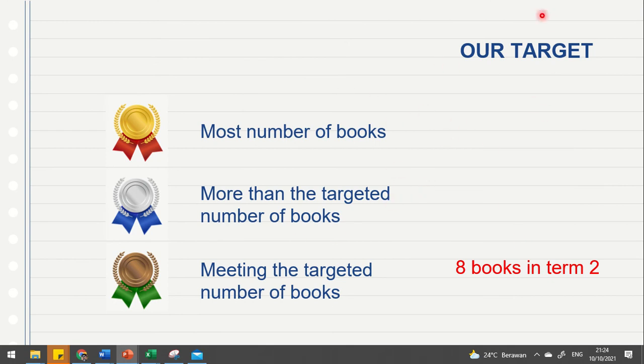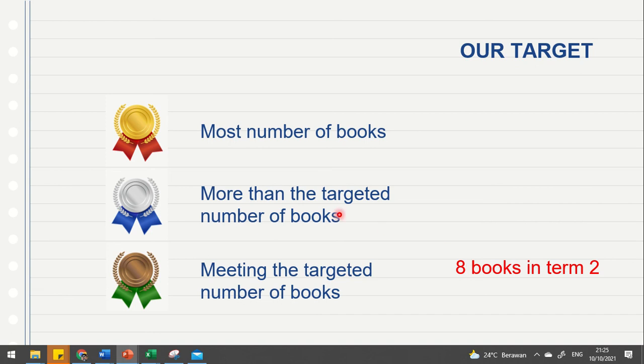As I said in the beginning, there will be one compulsory reading in a week. So it means in this term you will have 8 books. So you have to read in total 8 books. Mr. Idam, what if we can read more than 8 books? Wow, that's great, because if you can only read 8 books, it means you will get bronze medal.